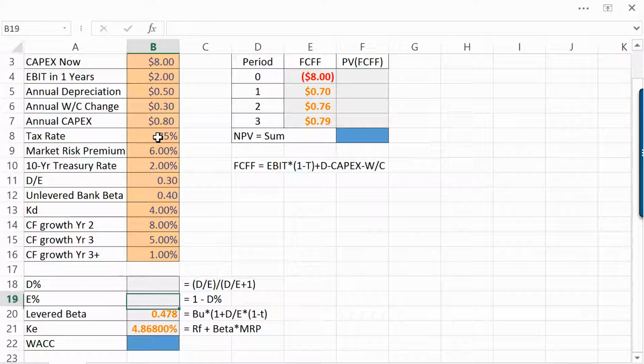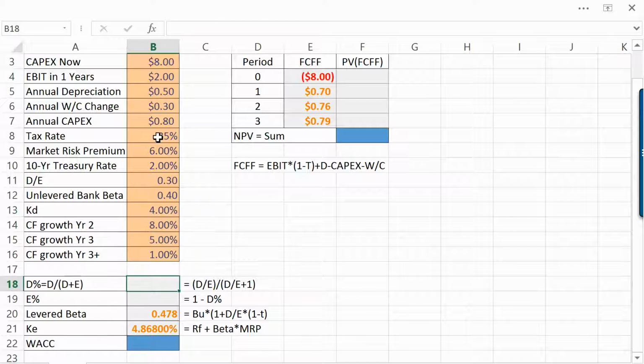Now to calculate WACC, I'm going to need the debt and equity percents, not just a D/E ratio. So let's talk about converting a D/E to a debt percent. Now remember, debt percent is equal to debt divided by D plus E. So if you have a ratio of debt to equity of 0.3 to 1, you can think about that as a ratio of 0.3 debt over 1 equity.